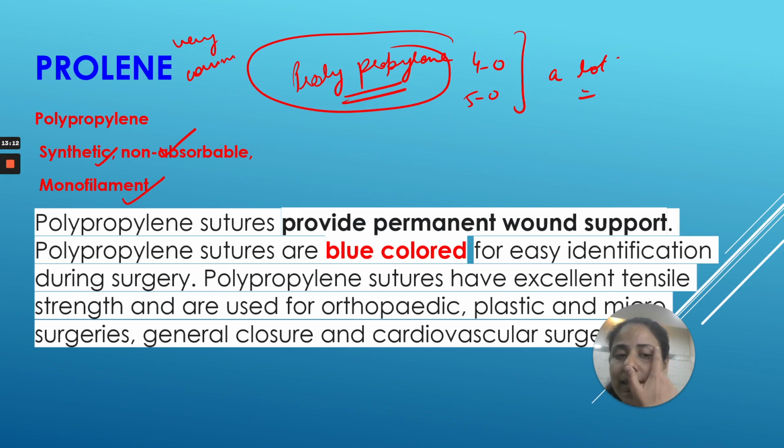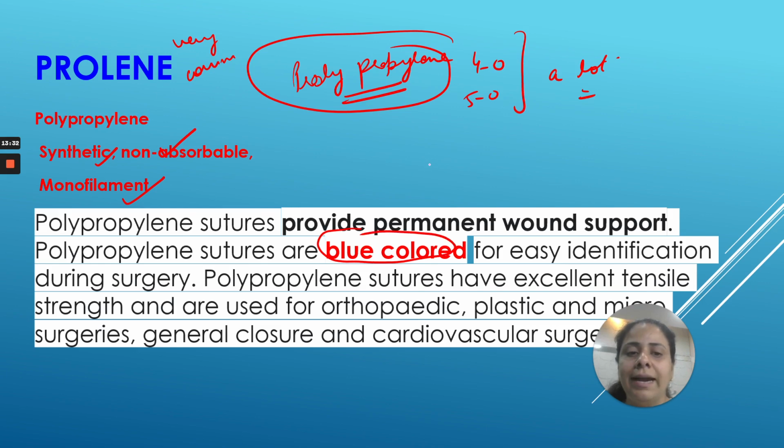When I do a lot of fracture cases, and after the hair, if there is any laceration, Prolene is the suture material of choice, and it is blue colored.